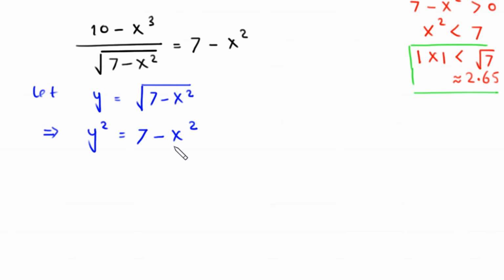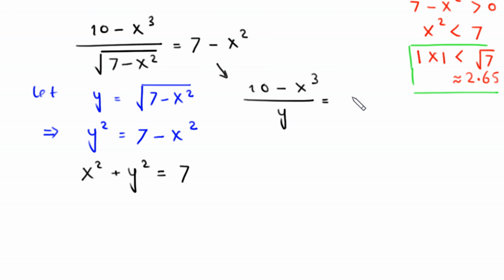If we move this negative x squared to the left hand side, then we get the equation x squared plus y squared is equal to 7. And if we substitute y and y squared in this equation, then this equation will become (10 minus x cubed) divided by y equal to y squared.